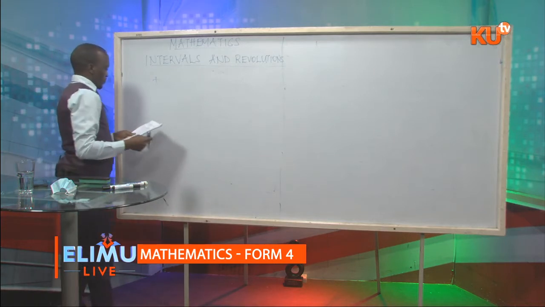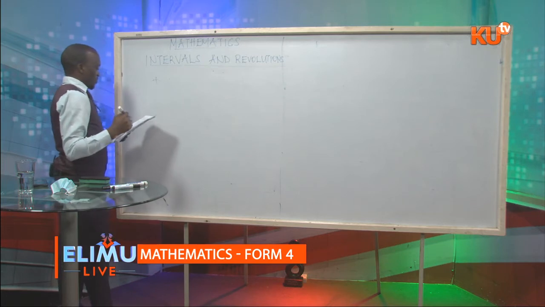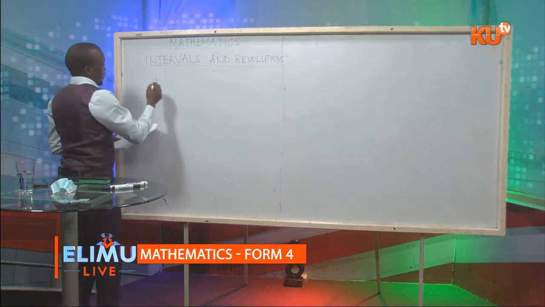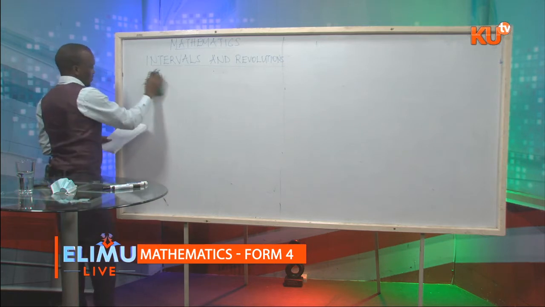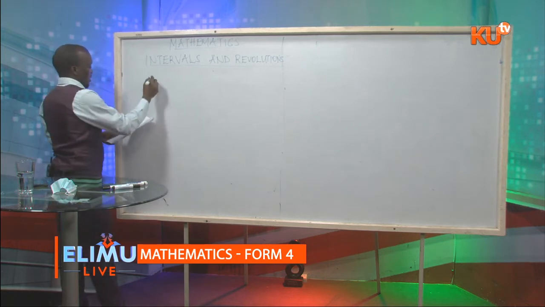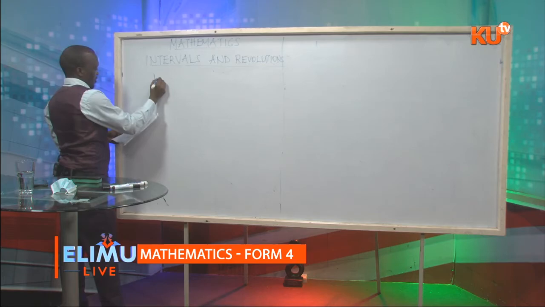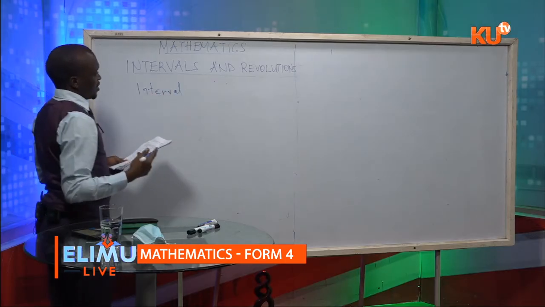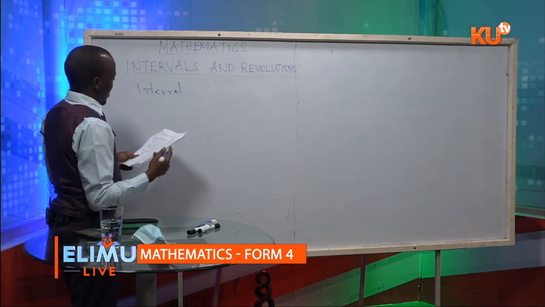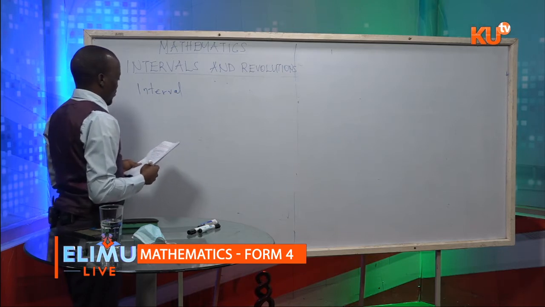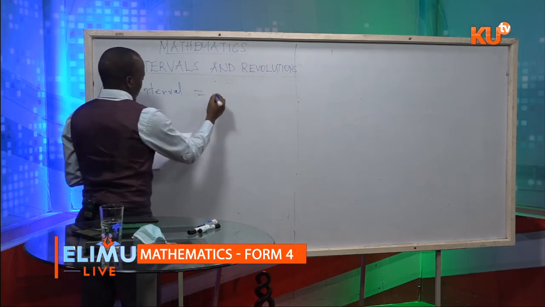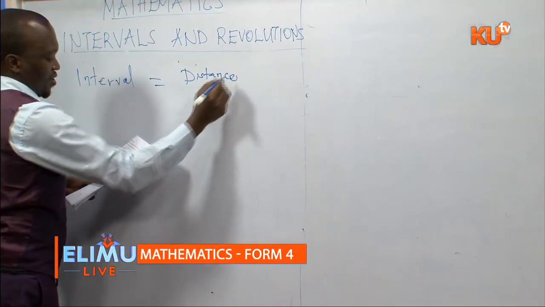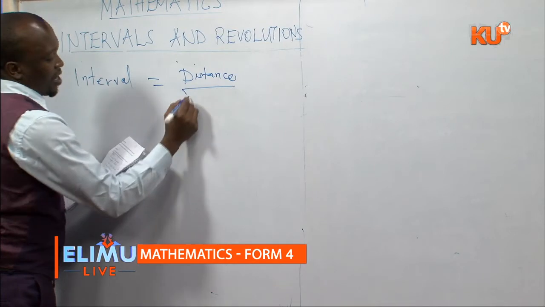So, there's an example of a question here, and this is now the last part we are dealing with. I'll give you the formulas for intervals. We've talked about the distance and the number of items. To find intervals, we say the interval is equal to distance over number of items.